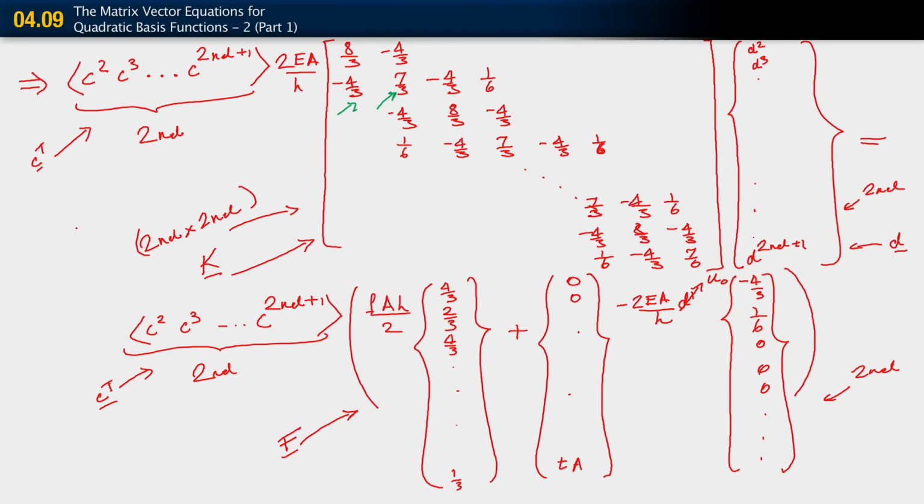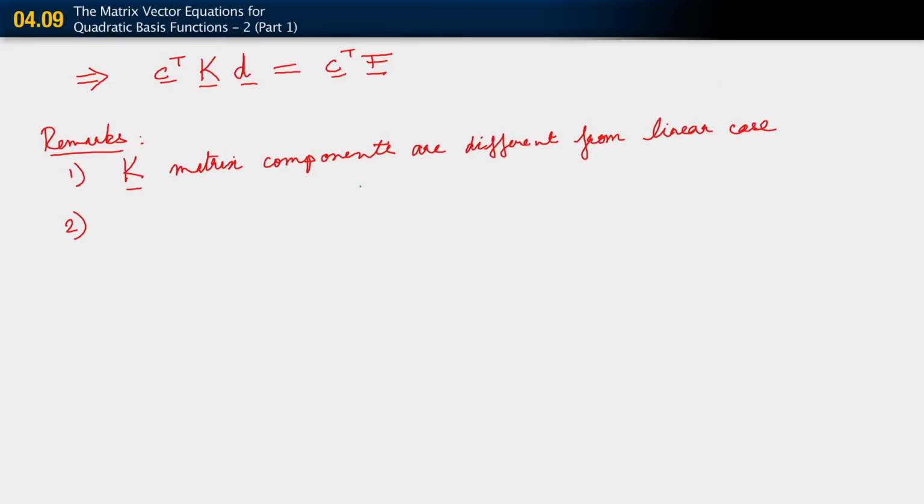Remark 2 is the following. If you observe the bandwidth of our matrix, of our K matrix, observe that the bandwidth is larger. Okay? The bandwidth is 5. Okay? So, that is a second remark to make. The bandwidth of K is 5.